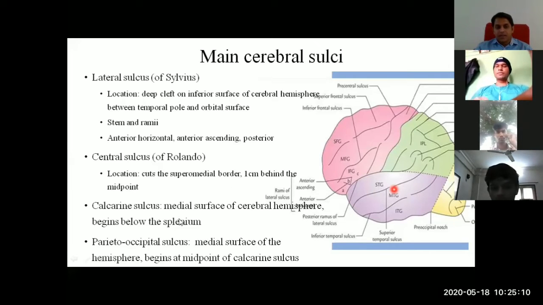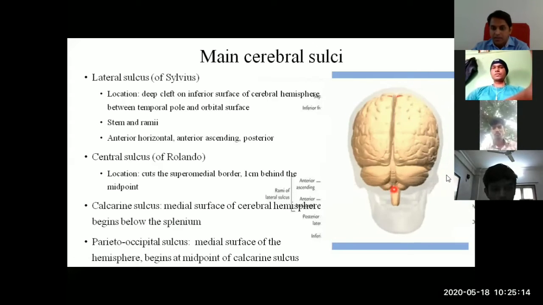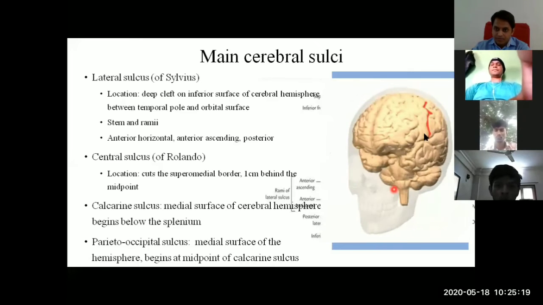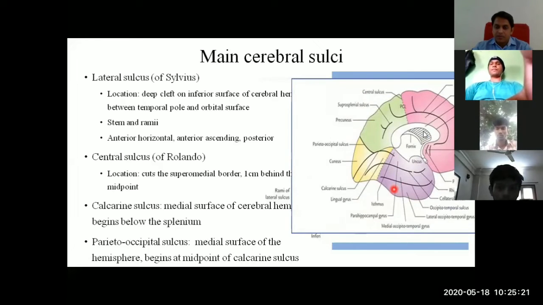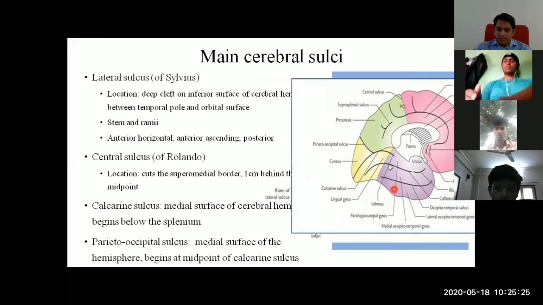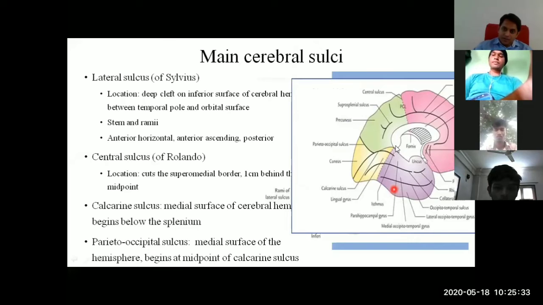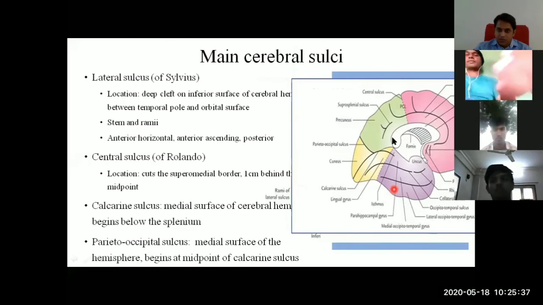Next comes the calcarine sulcus. The calcarine sulcus is located on the medial surface. So here you can see the calcarine sulcus. It begins right from the splenium. I said this is the corpus callosum, so it has this genu and this is the splenium.